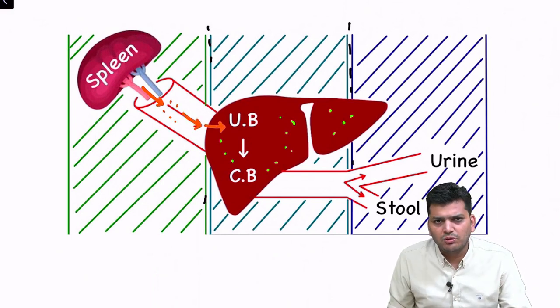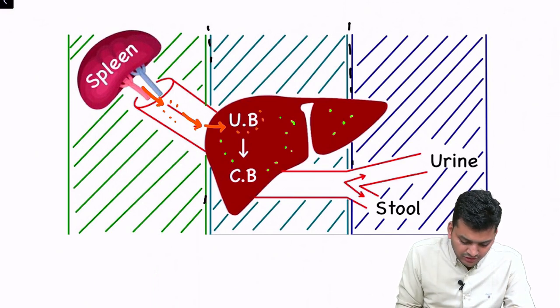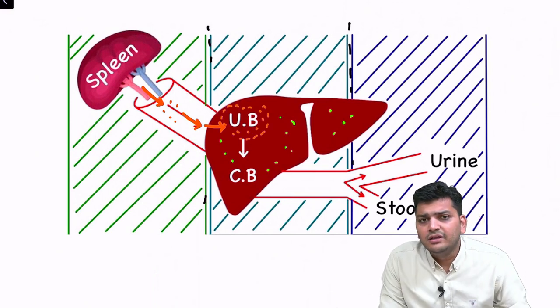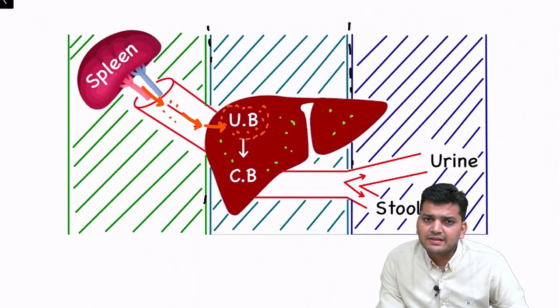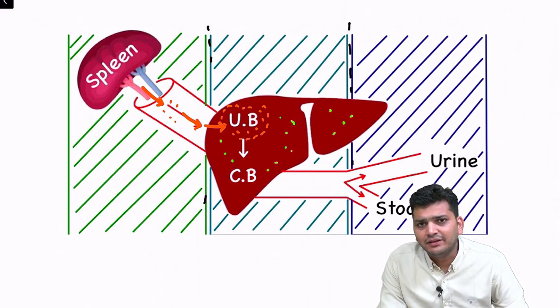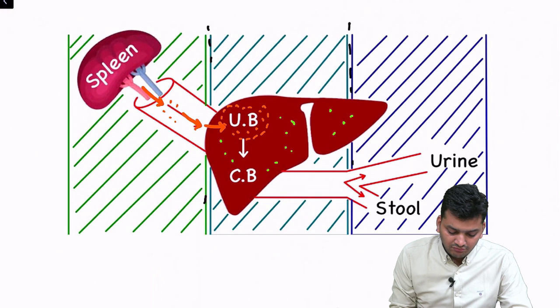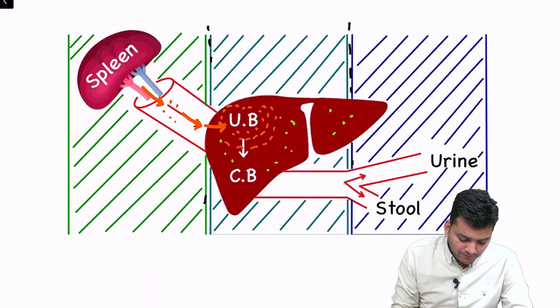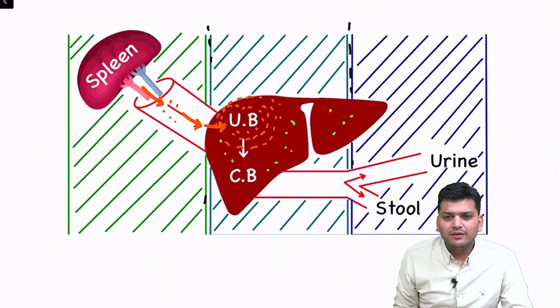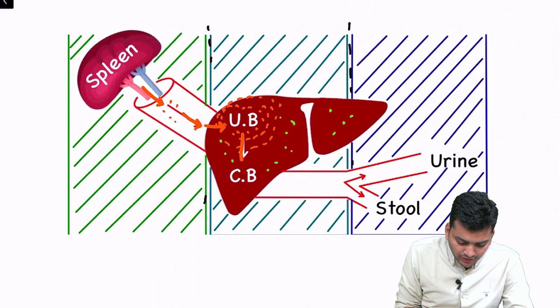Till this point, there is no problem. Now, the unconjugated bilirubin will come here because of the breakdown of the RBC. Now, there is a problem in the liver itself. There is some breakdown of the RBC that will happen in the liver also, and the unconjugated bilirubin will be produced. There is more unconjugated bilirubin, and to some extent, it can convert into conjugated bilirubin.